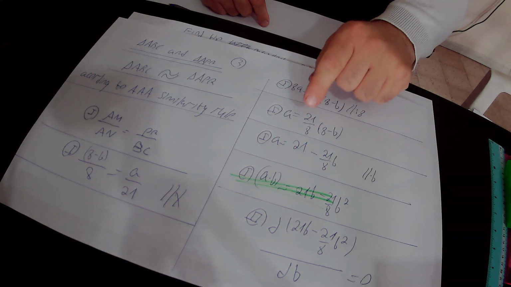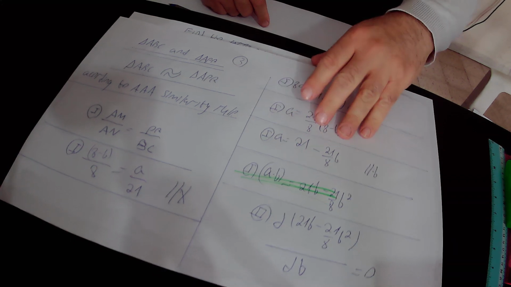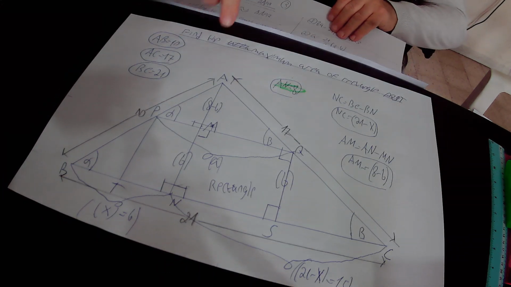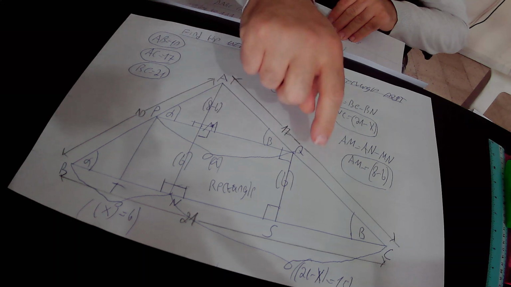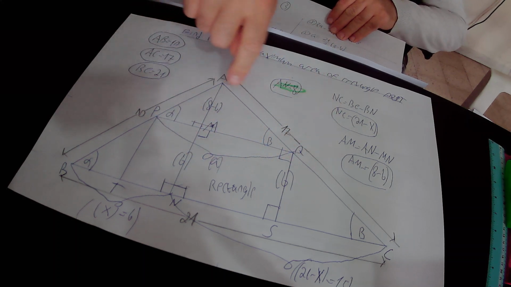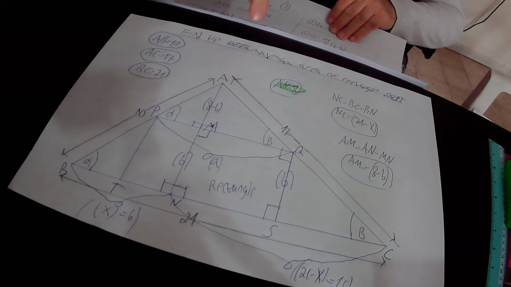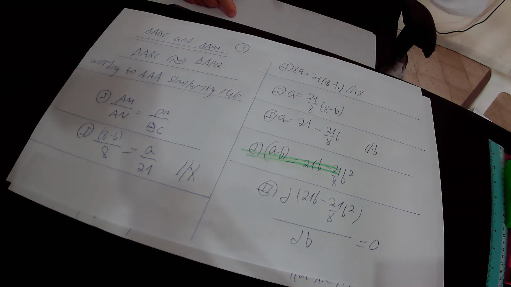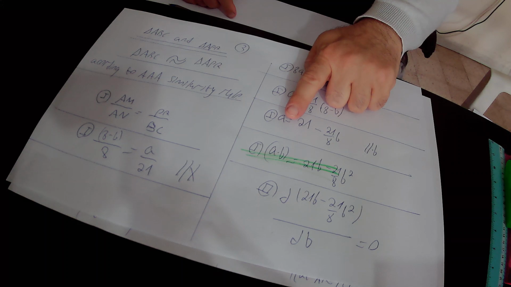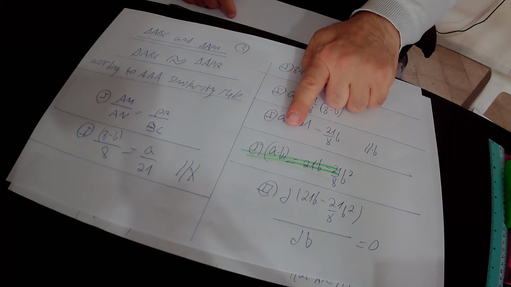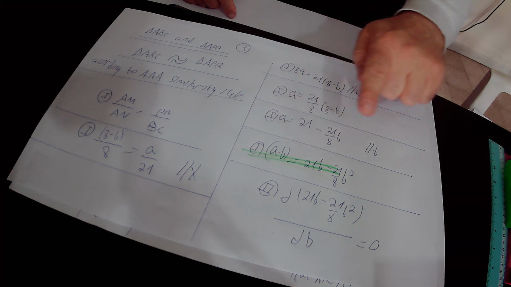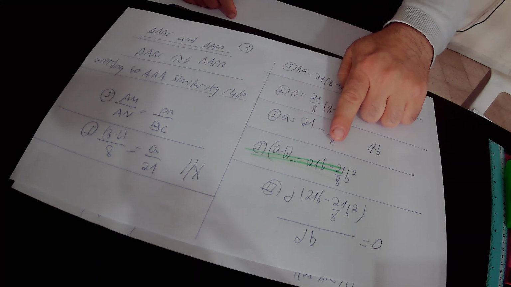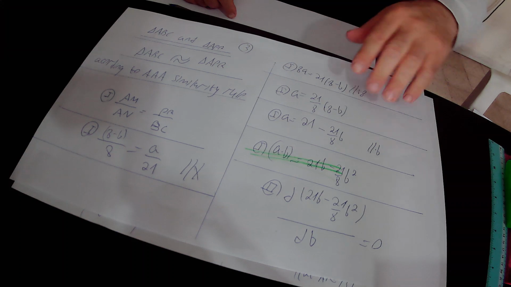So here we created the function of the area of this rectangle PQST, which is a function of B. Equation 1 means that we have the area of rectangle PQST, that is A times B, as a function of B. B is the width.